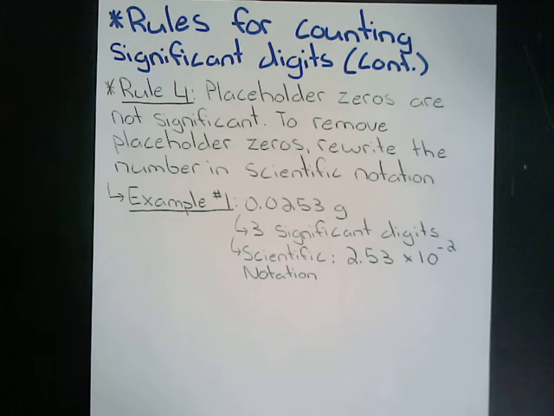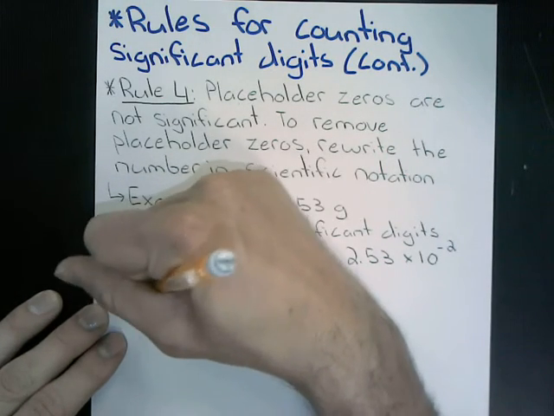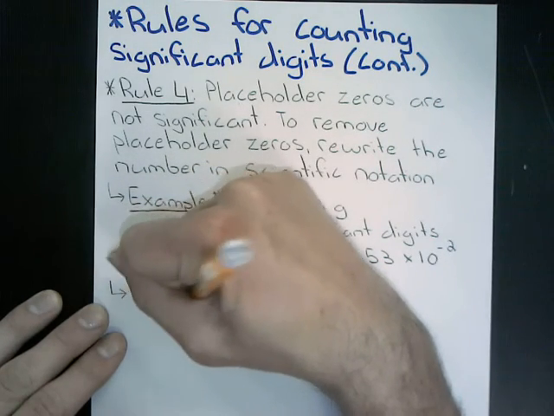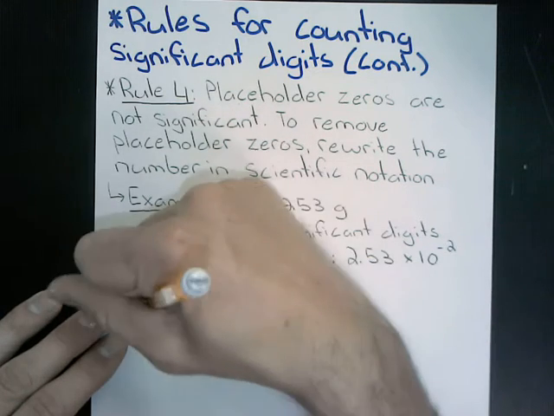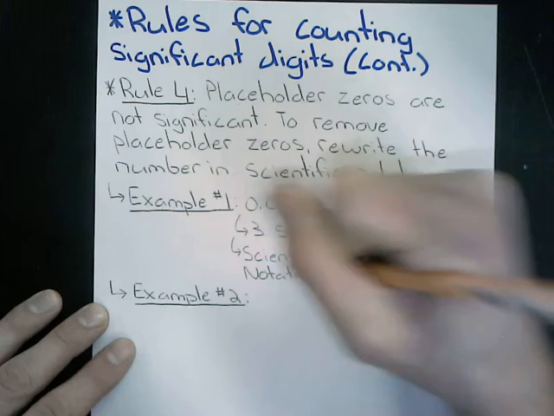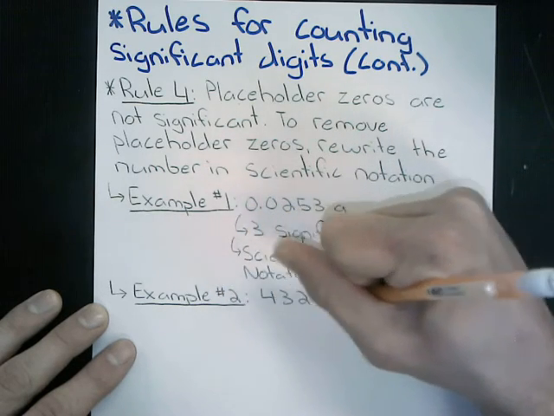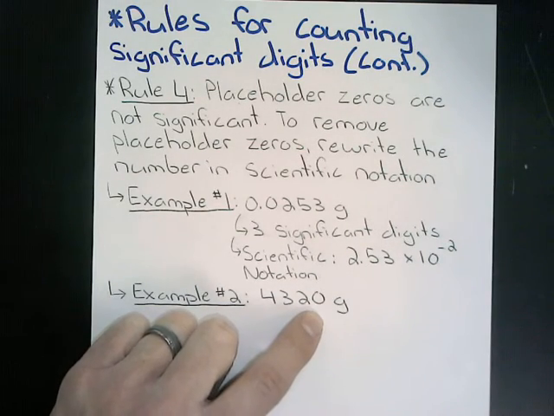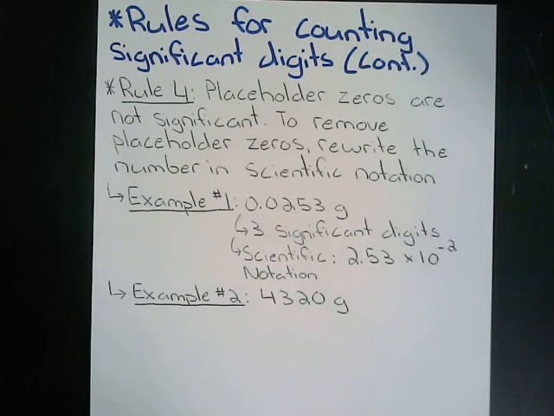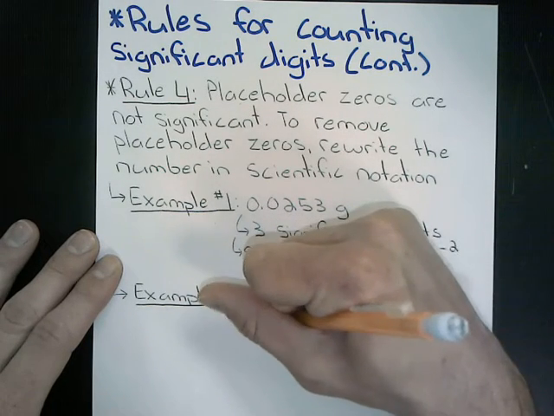If we have the number 4,320, and this 0 again is a placeholder 0, this has 3 significant digits.